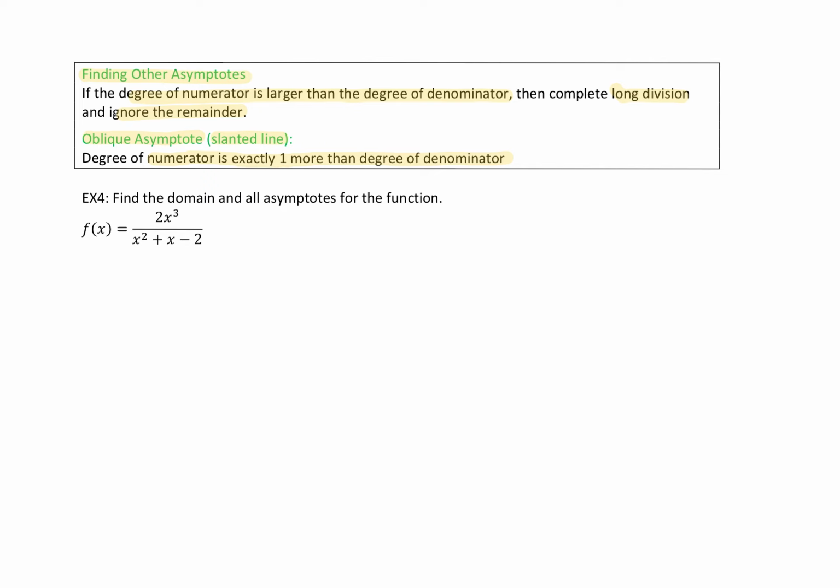When you think about it, if you have a horizontal asymptote, that means as your x's go to either negative or positive infinity, your y values, your graph, is approaching some horizontal line. So if there's no horizontal asymptote, you're not approaching some horizontal line, you're not approaching some number, it must be true that the ends will go to either negative or positive infinity. And they will follow perhaps a slant or an oblique asymptote.